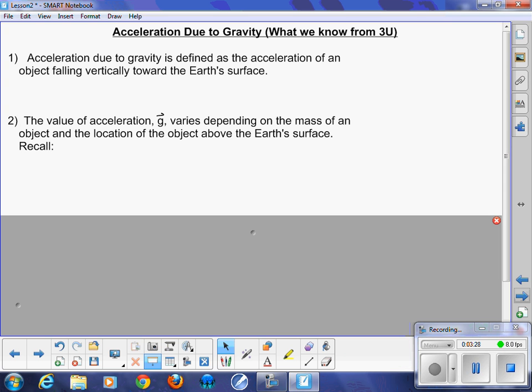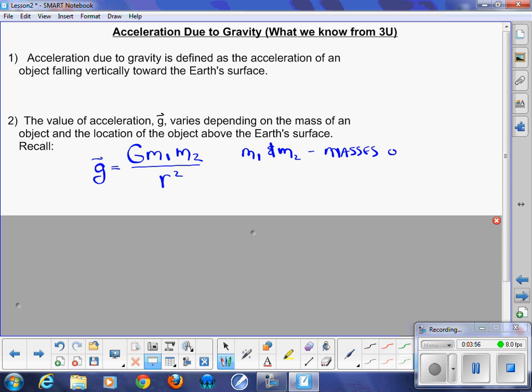So, from grade 11, we used this formula once. Gravity was equal to, or in one section I should say, gravitational constant, m1, m2, actually I'm going to use lowercase, m1, m2 over r squared. So m1 and m2, the masses of objects. And your r is the distance between objects.